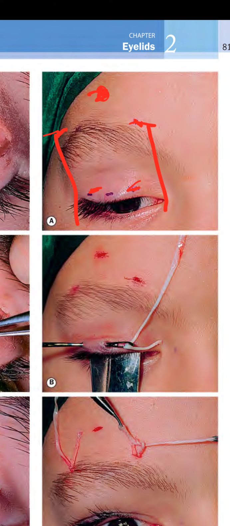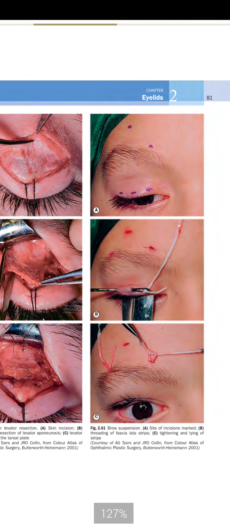You pass the sling through the tarsal plate, then through the eyebrow, and then you tie it above the eyebrow. And that is how it works: after the procedure, the frontalis action is used to elevate the lid through the tarsal muscles.